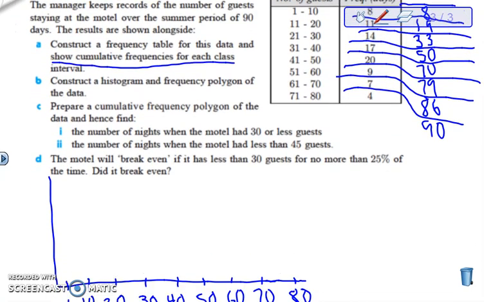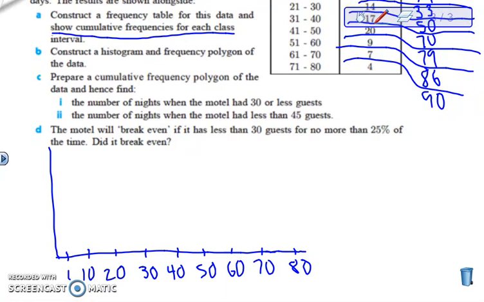For the sake of doing it, we had 8 for the first group. Then we had 11 for the next group. Then it was 14. Let's be a little bit higher.